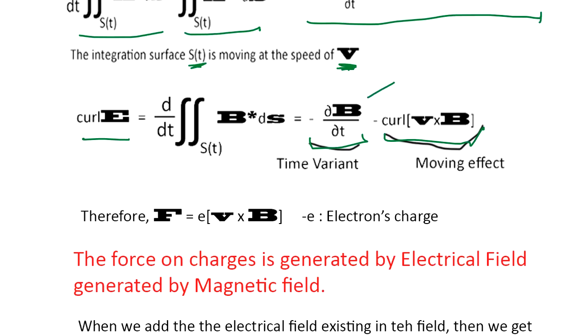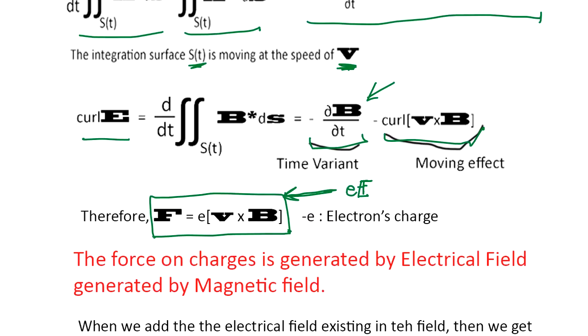And if this is constant, then the force will be V times B. So that's the cause of the force. Basically, it's an electric field. Coulomb's force is acting on the charge. That's what the Lorentz force is about.